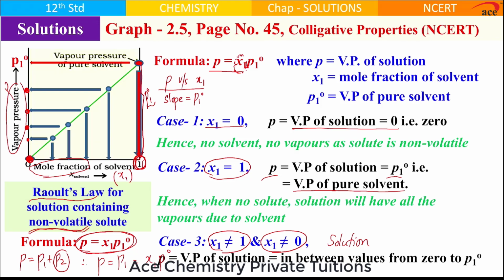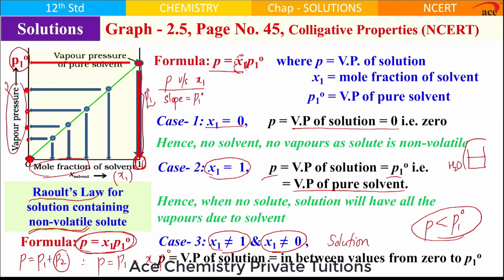Vapor pressure of a solution will always be less than P1 naught. So the conclusion in this chapter is that the vapor pressure of a solution is always less than the vapor pressure of the solvent.